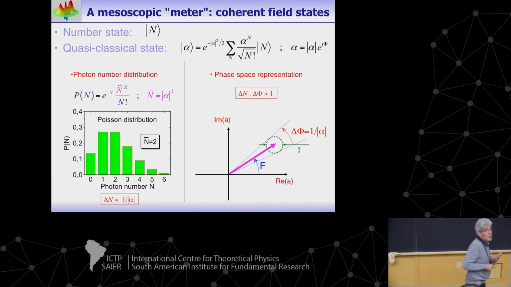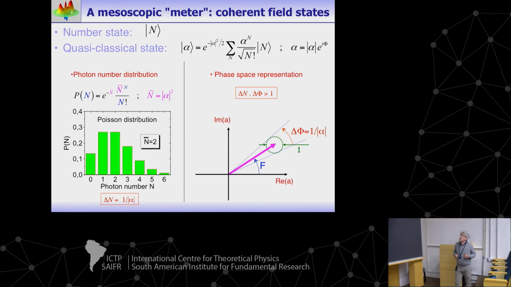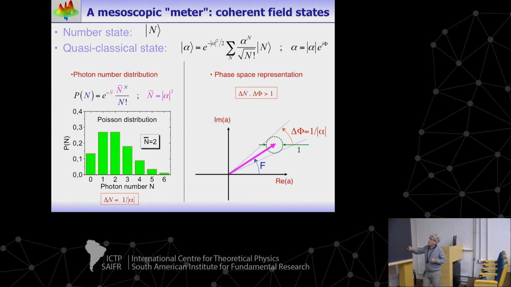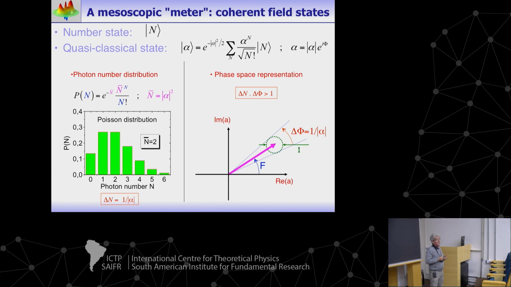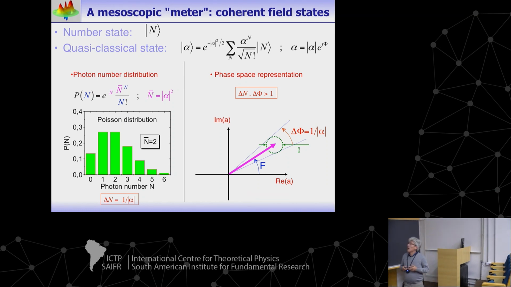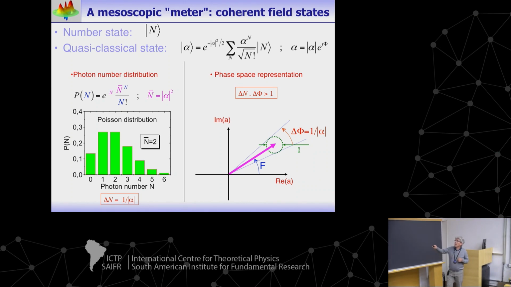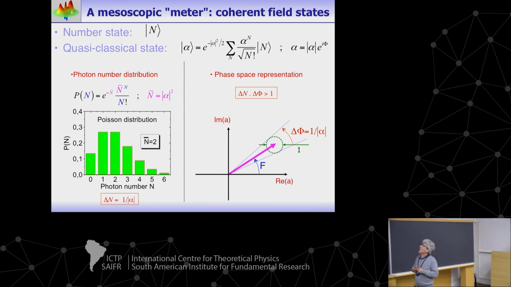Then, in addition to this representation of the classical part of the field, its average value, quantum mechanics tells you that the amplitude of a quantum field is not perfectly well defined due to Heisenberg uncertainty relations, which means that the end of the vector is kind of fuzzy and points in a circle revealing the amplitude of uncertainty, of quantum fluctuations of the field.